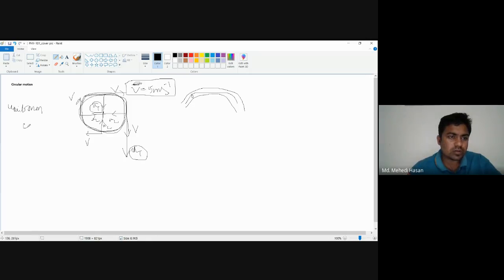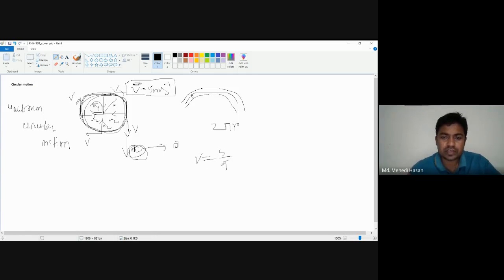In case of uniform circular motion, tangential acceleration is 0, and only centripetal acceleration is involved. If the radius of the path is r, then the total distance or periphery of this circular motion is 2 pi r, and the velocity is the distance divided by the time taken.